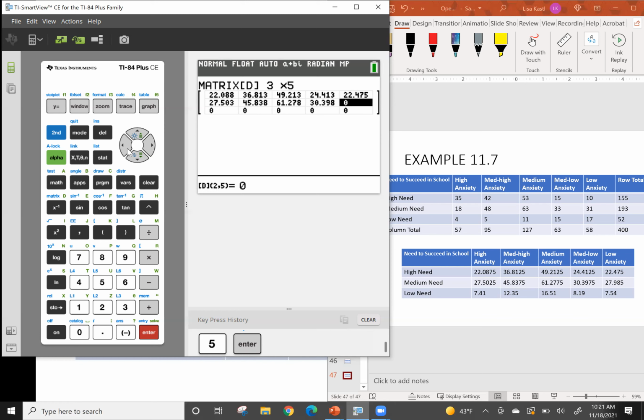And 27 point. Okay, I'm going to do a quick check of that second row. Okay, that looks good.